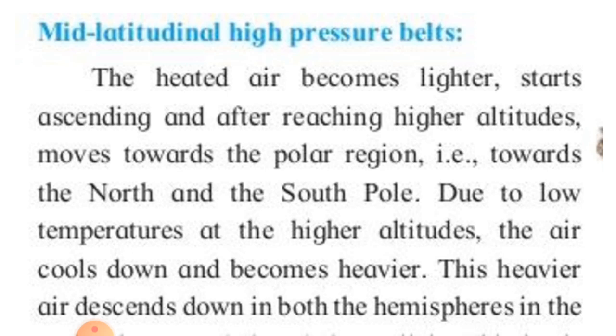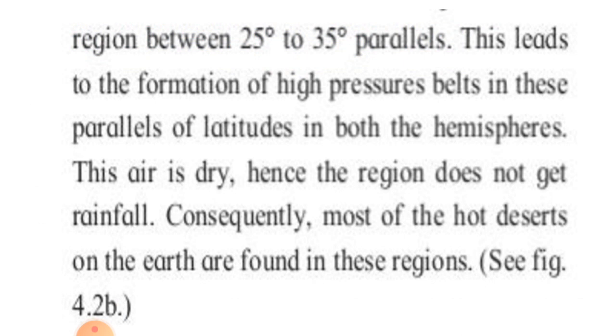This heavier air descends in both hemispheres in the region between 25 and 35 degree parallels, and this leads to the formation of high pressure belts in these parallels of latitudes in both hemispheres, and this air is dry. Hence the region does not get rainfall.